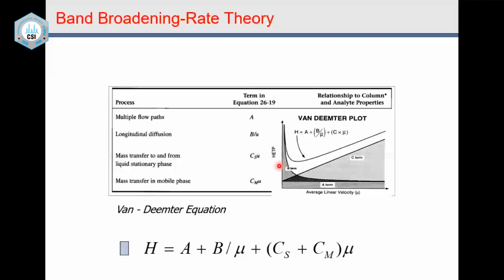And we generally prefer a slightly higher one, because when we use a higher flow rate there is not much compromise on the value of H, because you can see H is almost similar even here. So I can use this value of linear flow rate with no compromise on H, but by increasing the flow rate, I will not compromise on separation, and I will get a faster separation because the flow rate is fast.